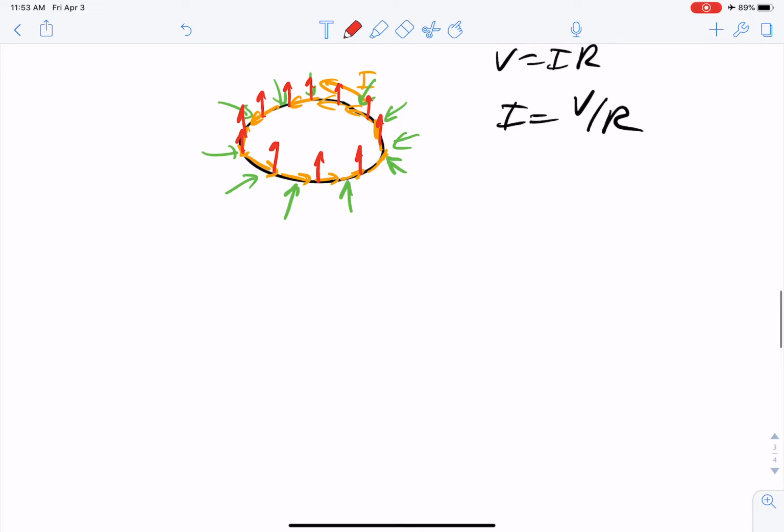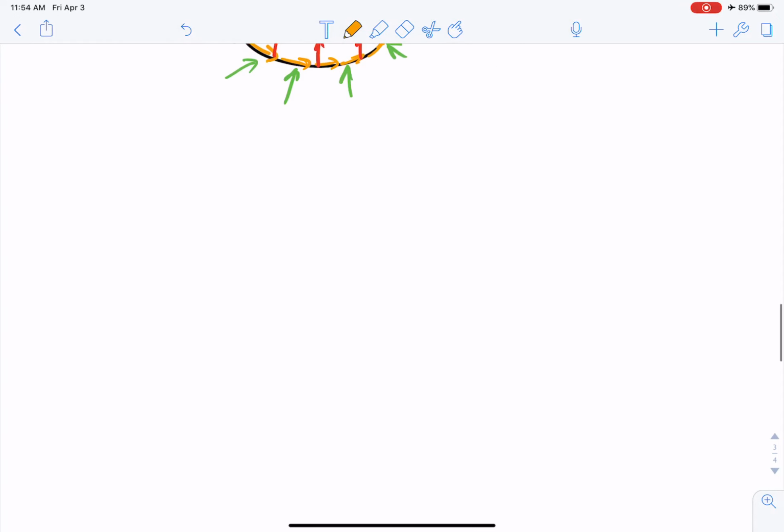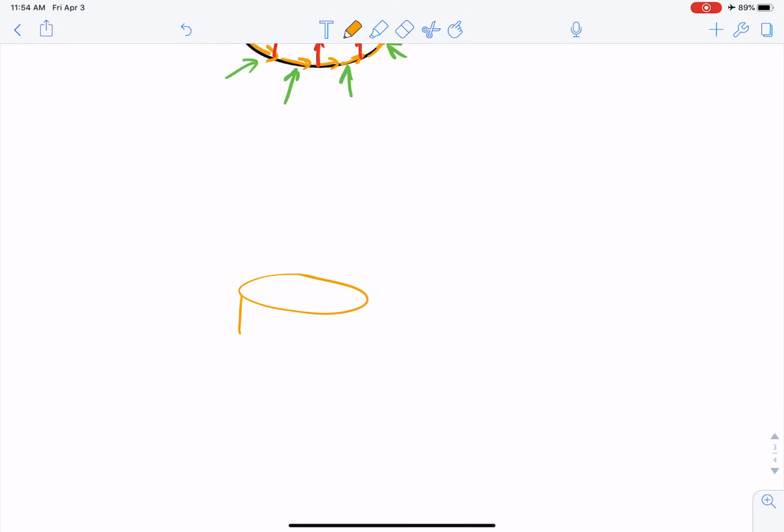So to make it so that you can hear it, you take that loop. It's actually not a single loop, but a bunch of loops. They go around many times to get more force, so it's like a little tube.